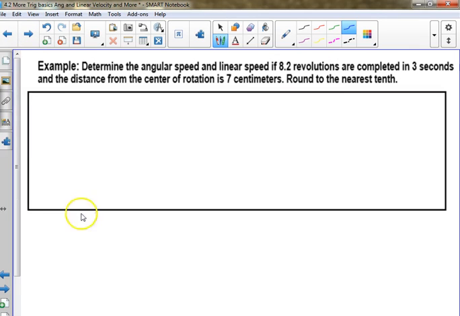All right. So real quick, you have this example worked out, but just help me work through it up here. It says, determine the angular speed and the linear speed if 8.2 revolutions are completed in 3 seconds. Okay, 8.2 revolutions in 3 seconds. I told you I don't use formulas, I use dimensional analysis. Is revolutions per second an angular or linear velocity or neither? Neither. Okay, it's almost angular, but they tricked us.